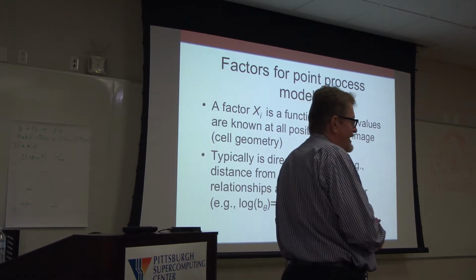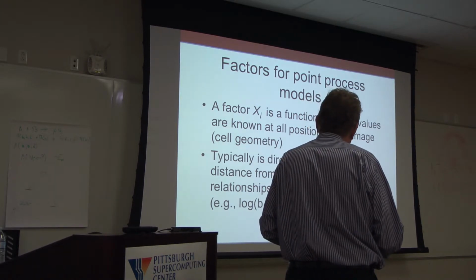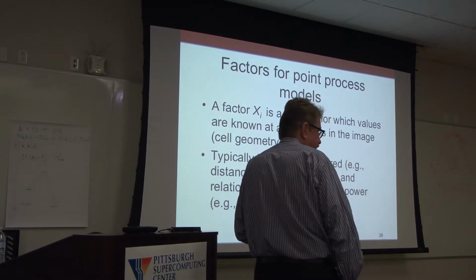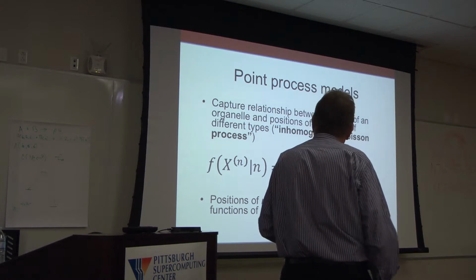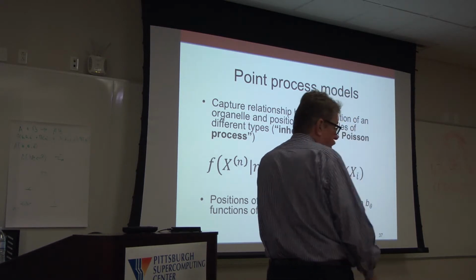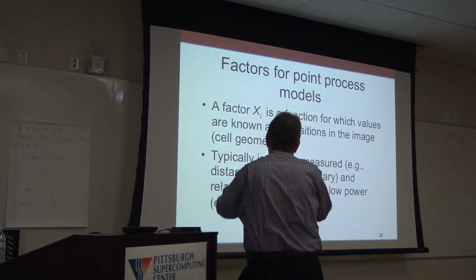It's the factor. It's related to the x in the original slide. x is the coordinates. The x and the next x is not that. This x is the coordinates. This should say f.